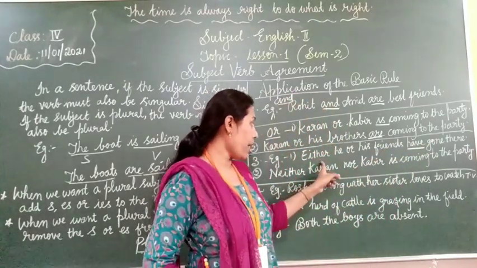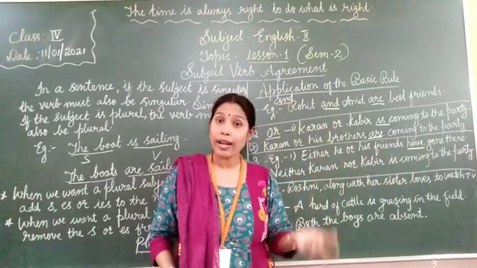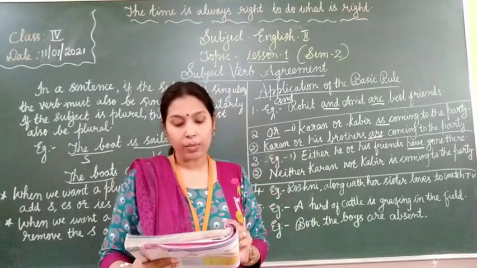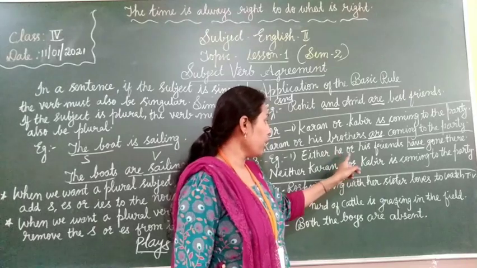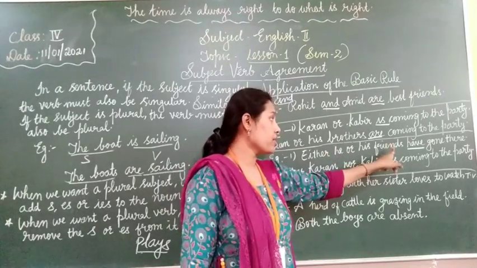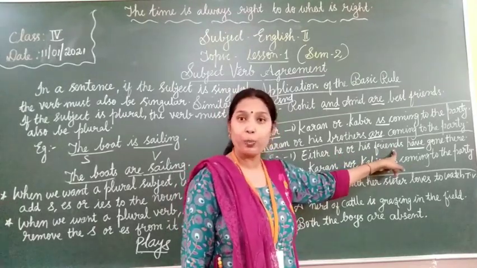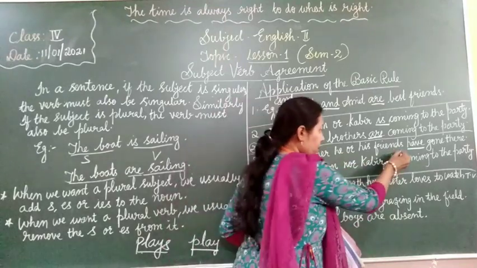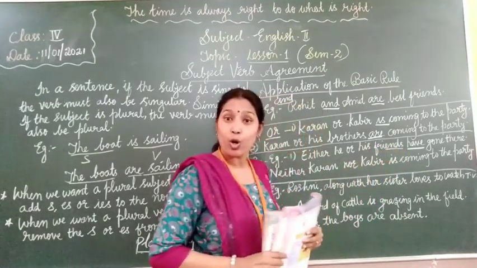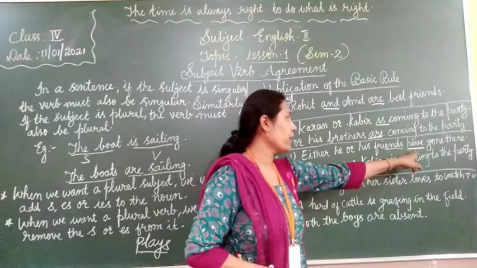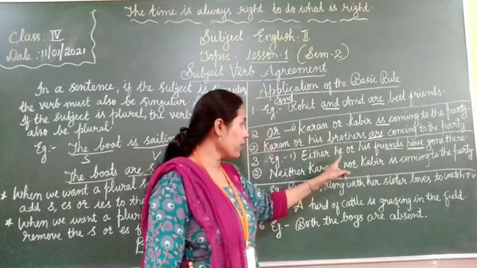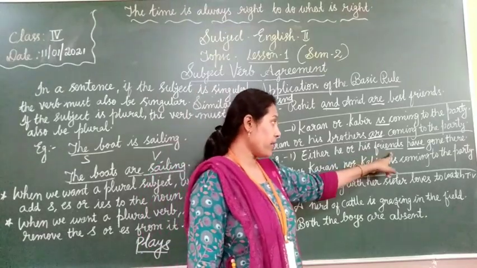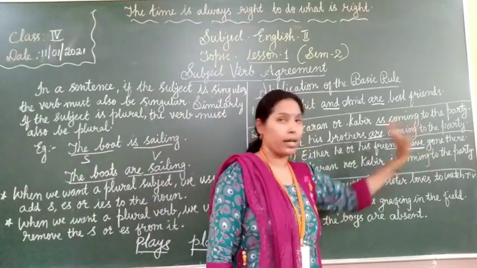When we use either or, neither nor, the verb agrees with the subject which is nearer. Either he or his friends. This is the second subject and it is in plural, right? See friends, it is in plural. So the verb must be in plural. That is why the plural form of the verb has been used.